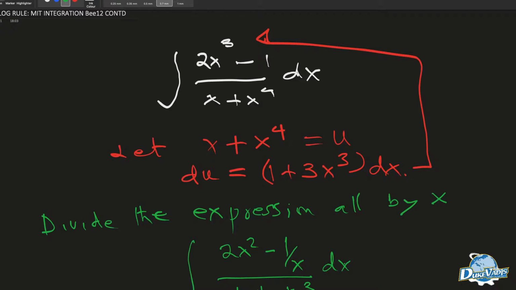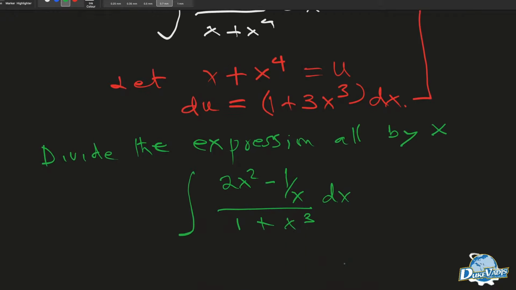Does it help us at all if we decide to depend on the denominator? So we let the denominator be equal to 1 plus x cubed, because we divided through by x and haven't changed anything at all.